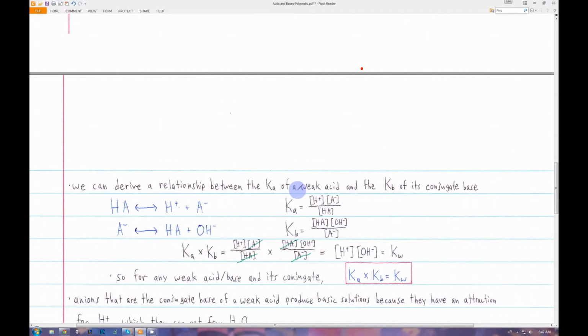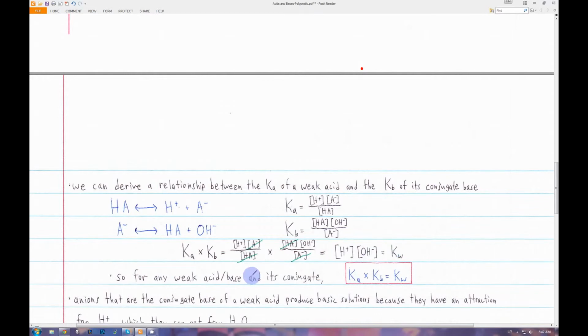If we write the equilibrium expressions for both of these and multiply them, we notice that the A- and the HA both cancel out, and all we have is the concentration of H+ times the concentration of hydroxide. And we know that is the equilibrium expression for the autoionization of water. So this is equal to Kw, 1 times 10 to the negative 14th at 25 degrees Celsius.